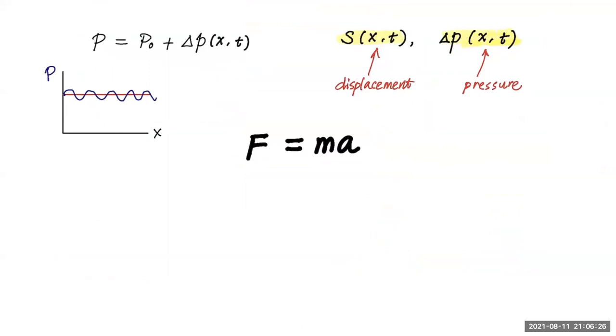That force is P naught plus delta P at x and t, multiplied by the area A. Pressure times area equals the force.